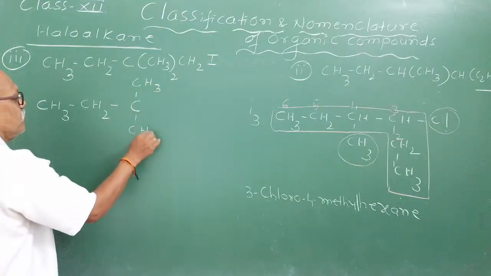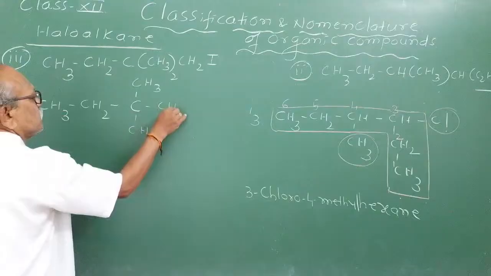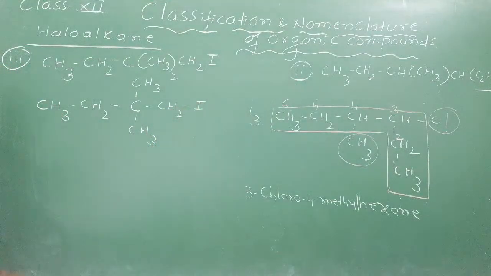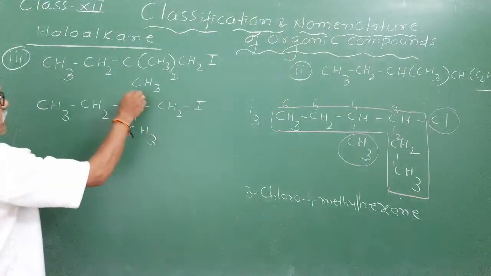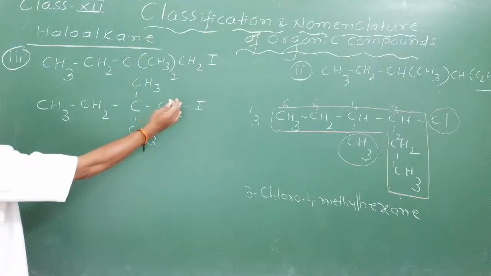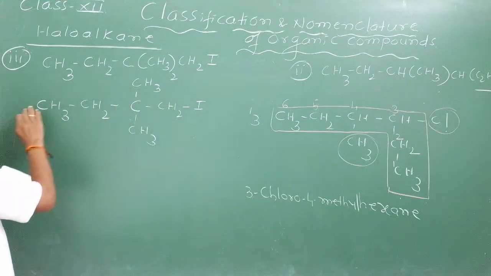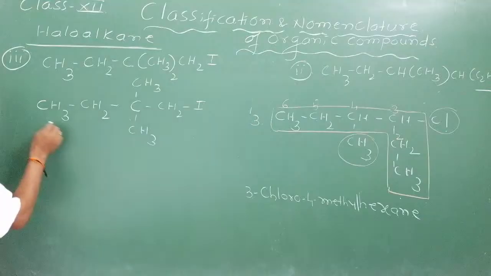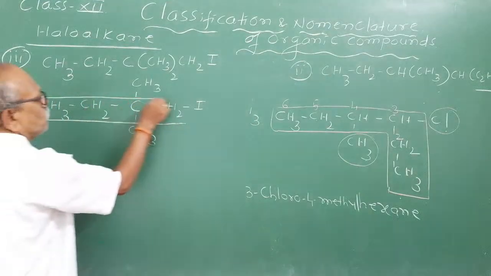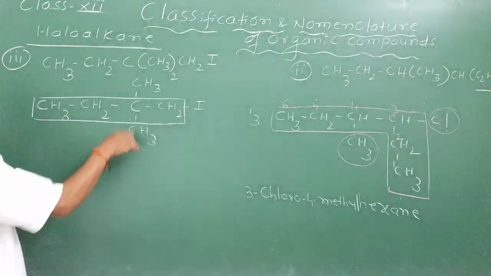CH3, CH3, CH2I. Now start numbering. Iodine is here, methyl groups are also here. Where the concentration of alkyl groups is more, you have to start numbering there, so you get the lowest number. If you number from this side, the parent chain will be this one, because here also you will get 4, 4.